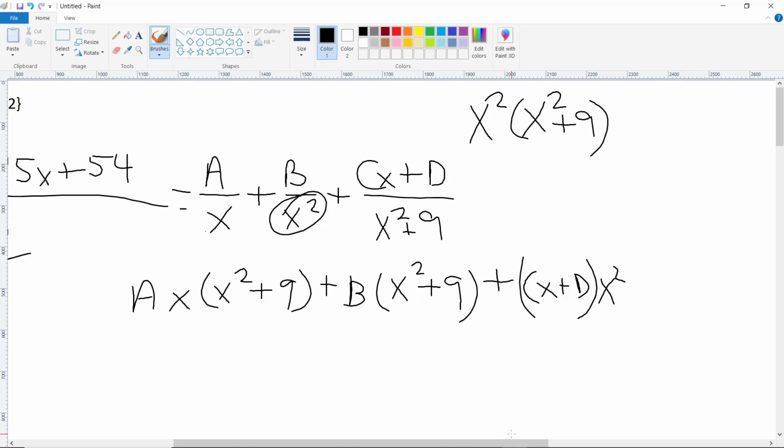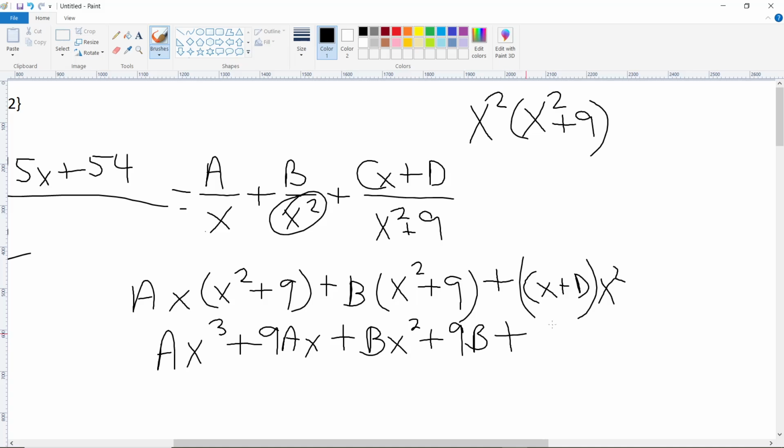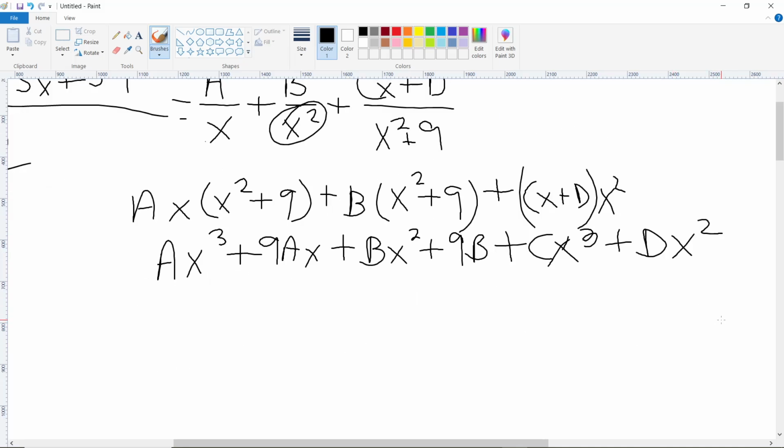Now I will multiply those out, distribute, and then compare those to the coefficients of the equation in the numerator. Ax times x squared is Ax cubed plus 9Ax plus Bx squared, just distributing, plus 9B plus Cx times x squared is Cx cubed plus Dx squared. So now we'll gather like terms.